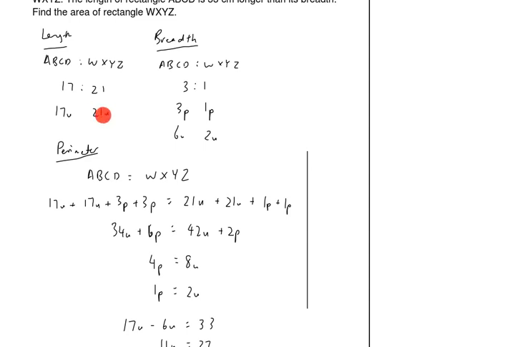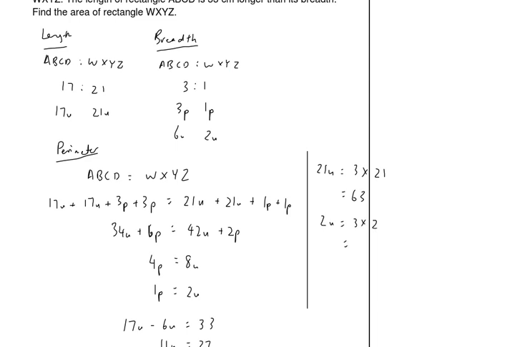So, 21U equals to 3 times 21. Because we know that 1U just now is 3, right? So, this will give me 63. And I also need to look at the breadth of WXYZ, which is 2U, correct? 2U equals to 3 times 2 equals to 6.